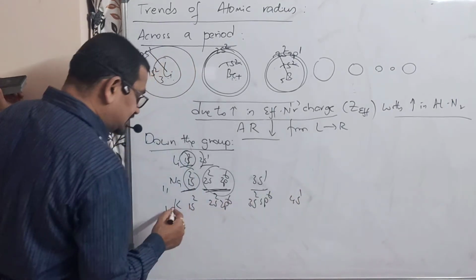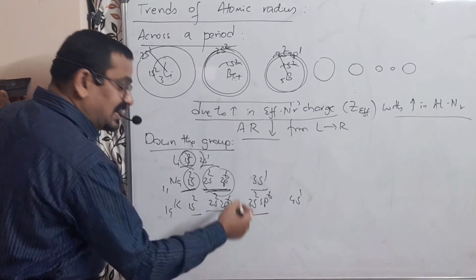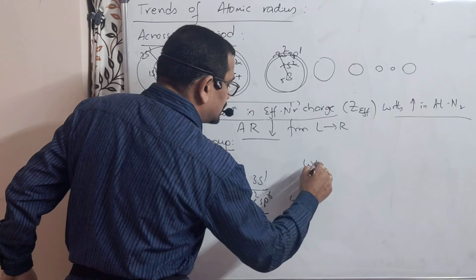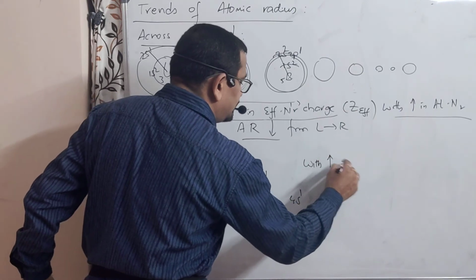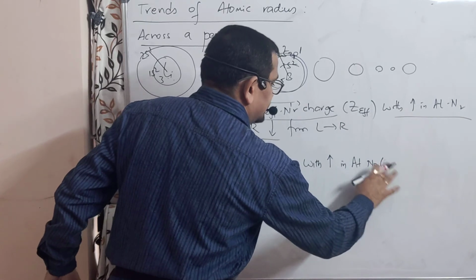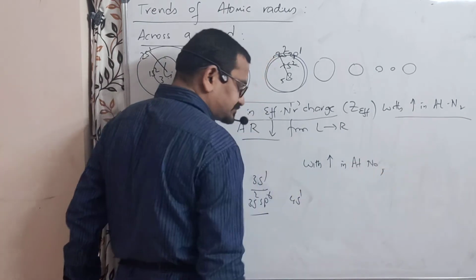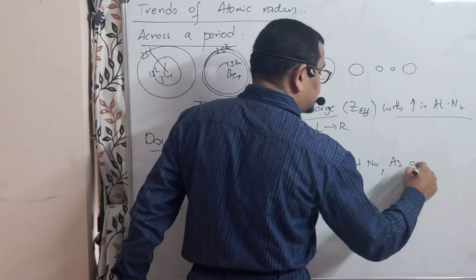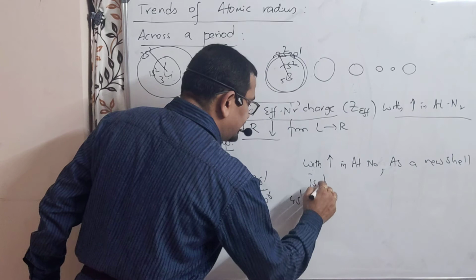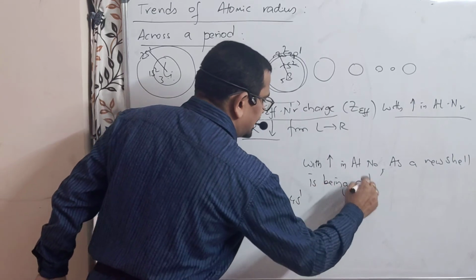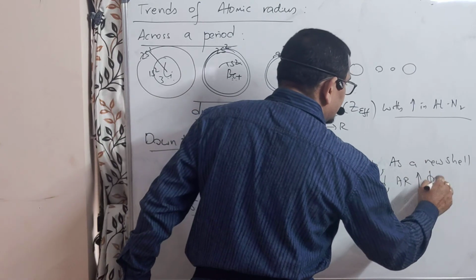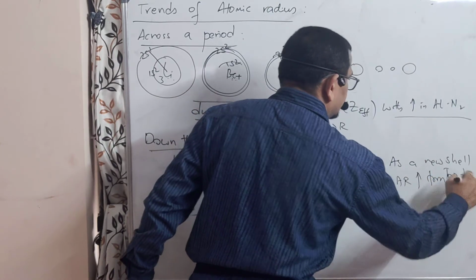So between 4s and the nucleus, another new shell is being added. Like this, with increase in atomic number, Z, as a new shell is being added, atomic radius increases from top to bottom.